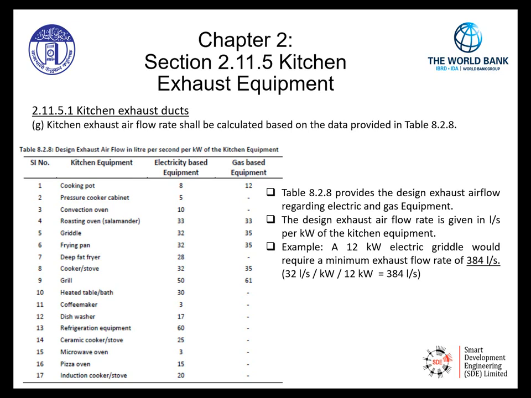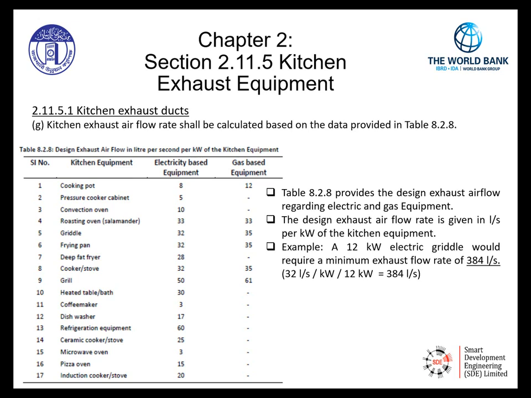The first column indicates the number of the equipment. The second column indicates the type of kitchen equipment. The third column gives the electricity-based equipment value. And the fourth column gives us the gas-based equipment value.